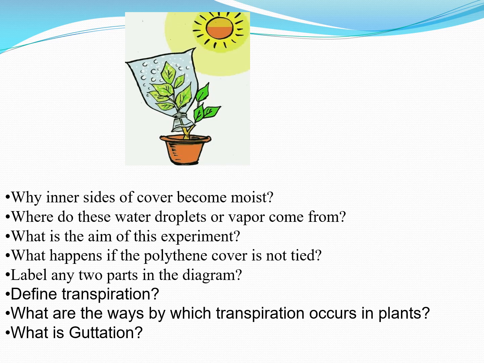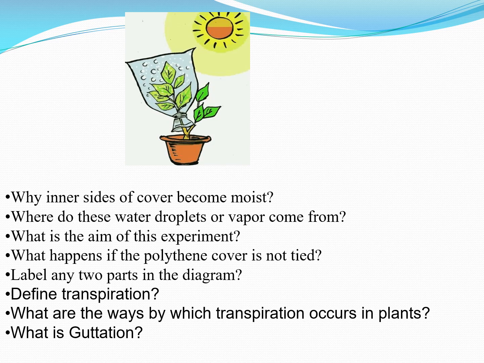Transpiration occurs in 3 ways: through stomata, called stomatal transpiration, through lenticels, called lenticular transpiration, and through cuticle, called cuticular transpiration.